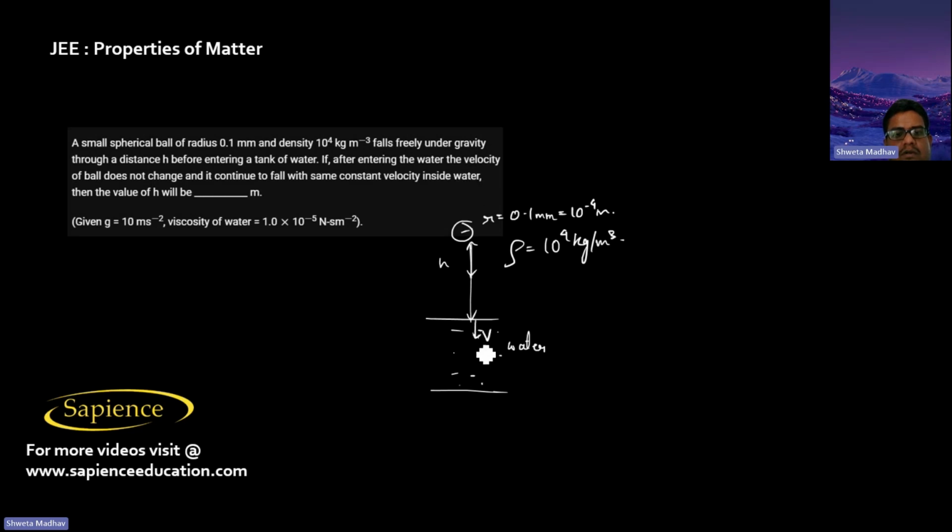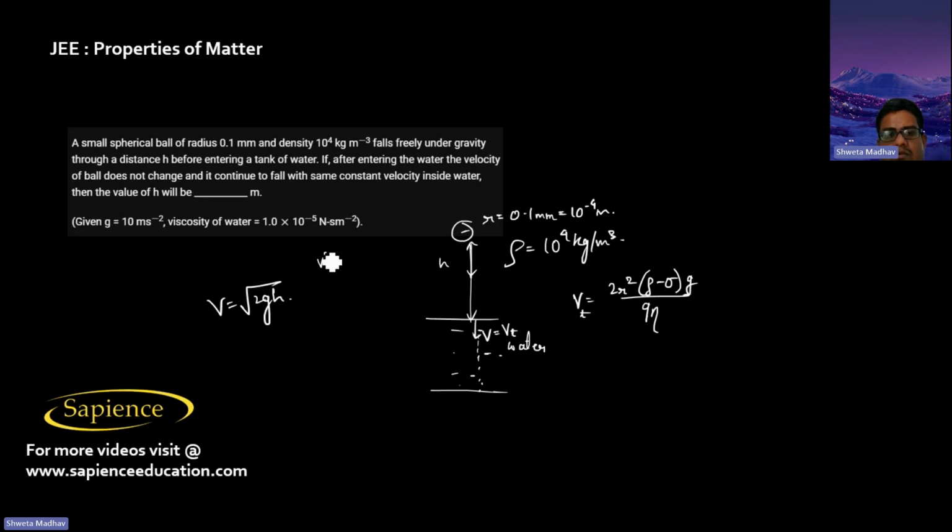Means here the final velocity will not change. So it will be the terminal velocity also. It continues to fall with same constant velocity inside water, then the value of h will be. So this v is equal to 2r square into rho minus sigma into g by 9 eta, the terminal velocity, and v also will be equal to root over 2gh.